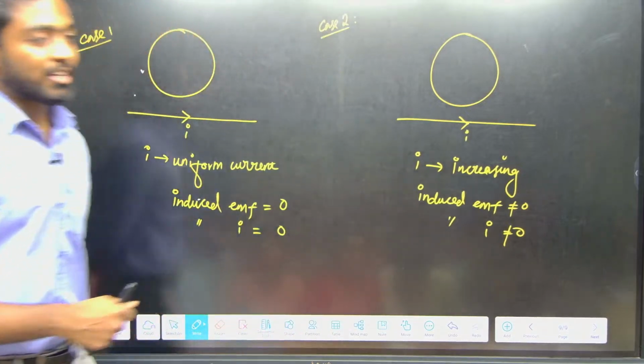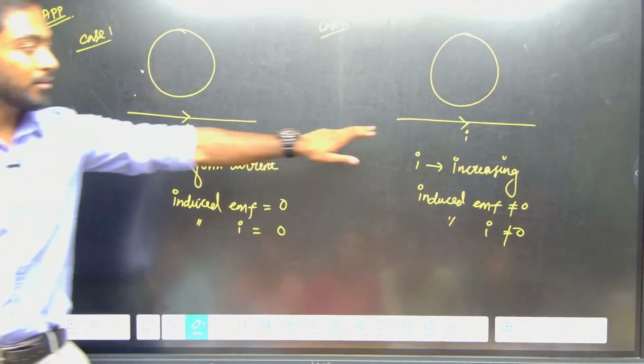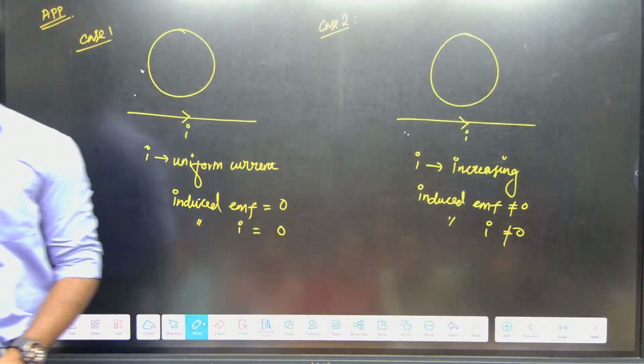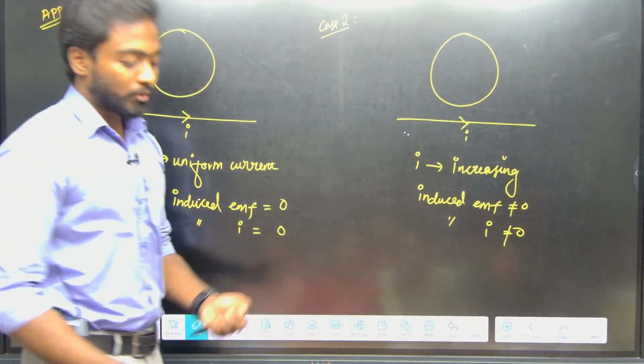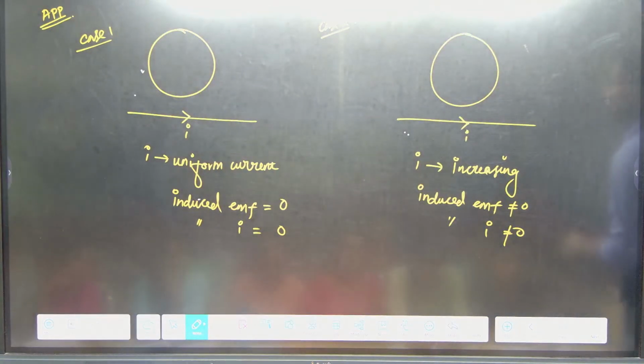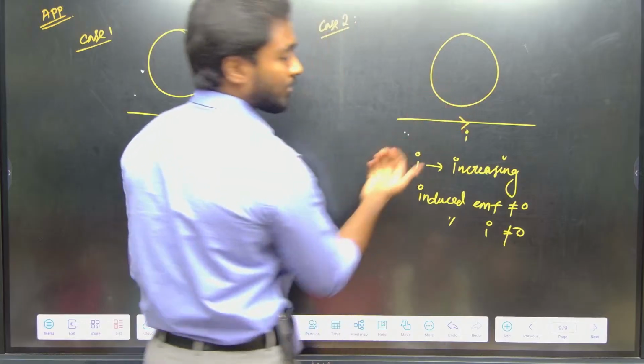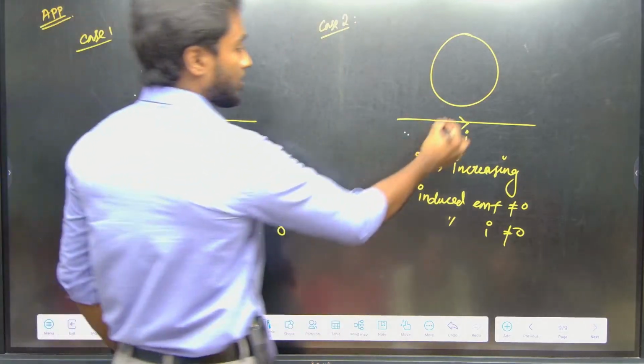So what is the direction of the magnetic field created for this current? Outward or inward? Use the right hand thumb rule. This is my current direction. I am curling my fingers in the outward direction.